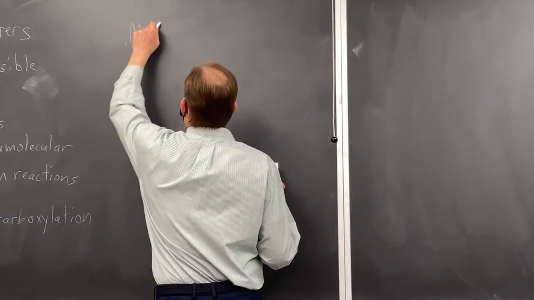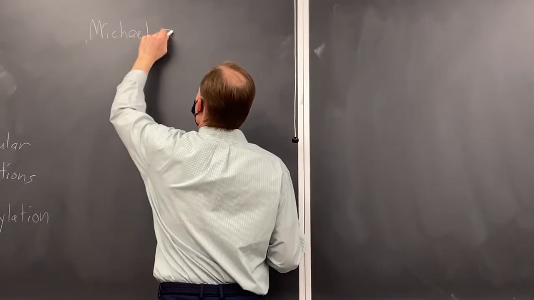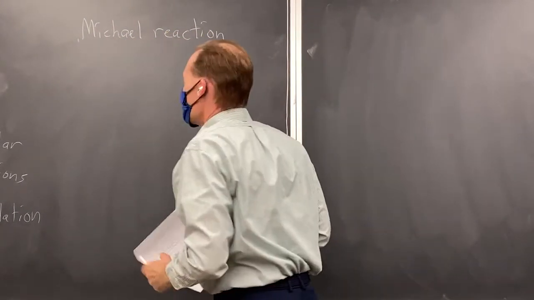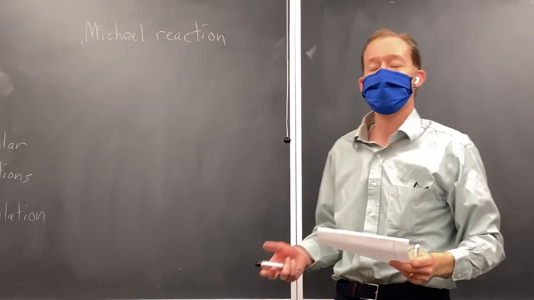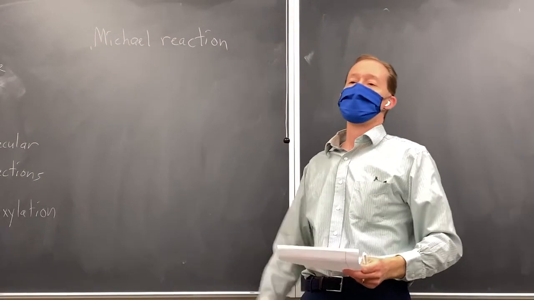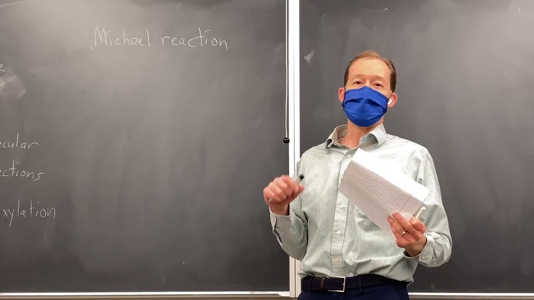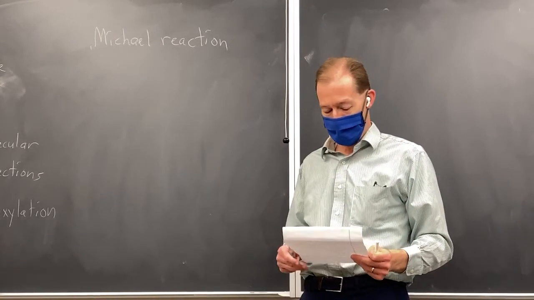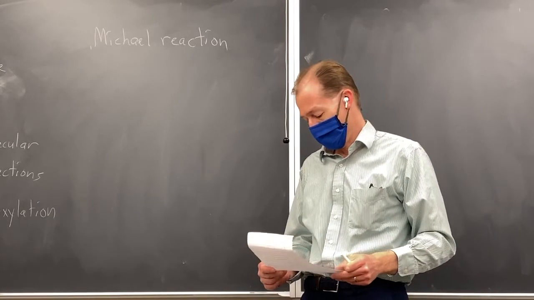We had the Michael reaction. So the Michael reaction is an example of a conjugate addition or a 1,4 addition, where we're using an enolate as a nucleophile, adding to the beta carbon of a 1,4 dicarbonyl compound.